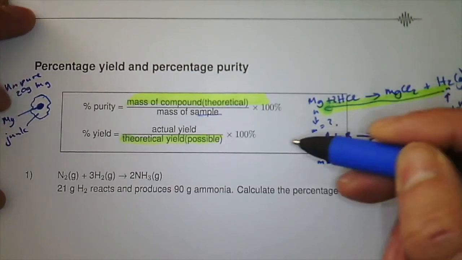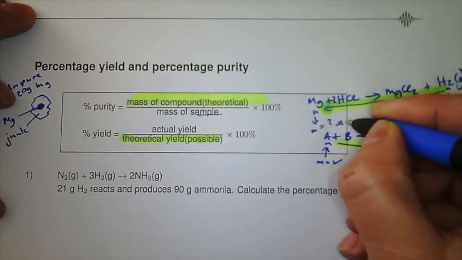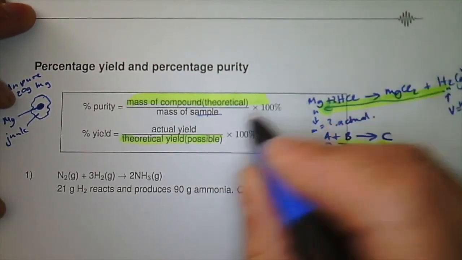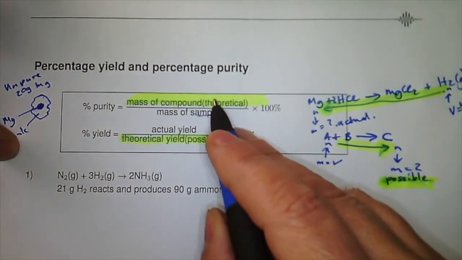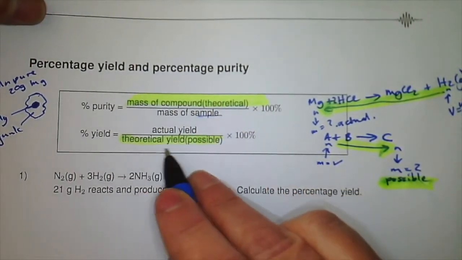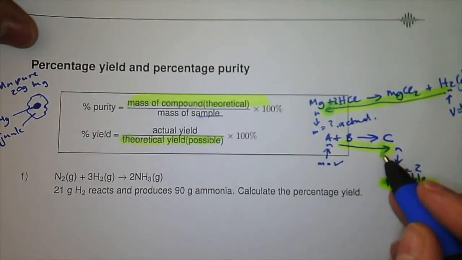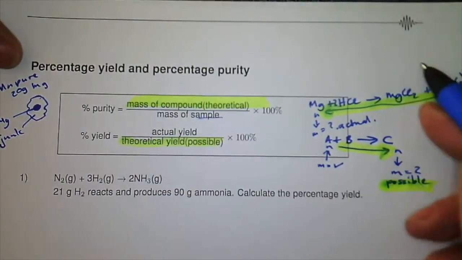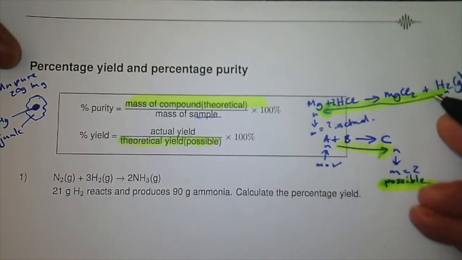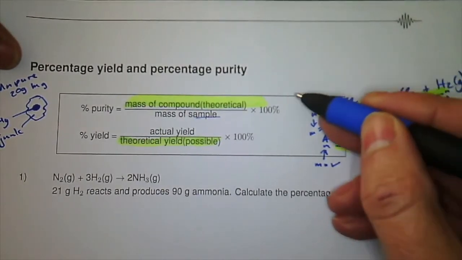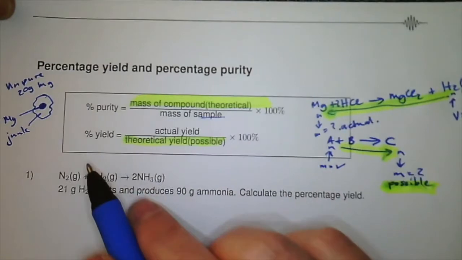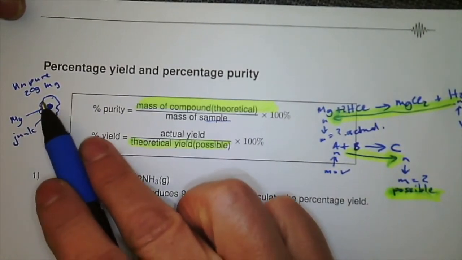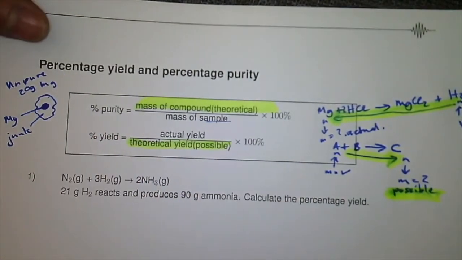So you're working back and then you're getting the actual, the real mass, right? So with percentage yield, you work from left to right and you work out the possible yield. With percentage purity, you do an experiment and then you have to work back to know how much magnesium reacted, and that will tell you how much magnesium was present.